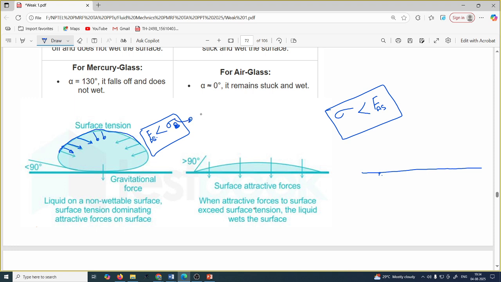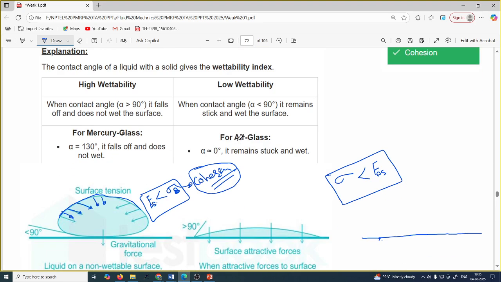And this surface tension is due to what? As I was previously telling, due to the cohesion. So finally, surface tension is the second answer, but first, if cohesion is in the option, you will select this cohesion, right?